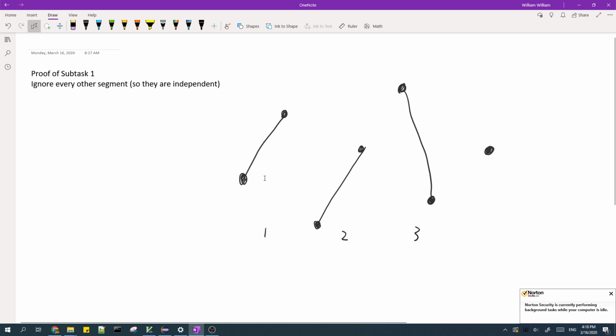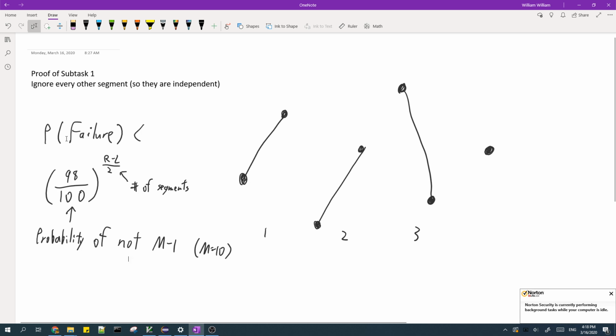And then we can bound the probability of the failure by this expression here. This 98 over 100 is the probability that a segment does not have a height of n-1, and this is for m equals 10.